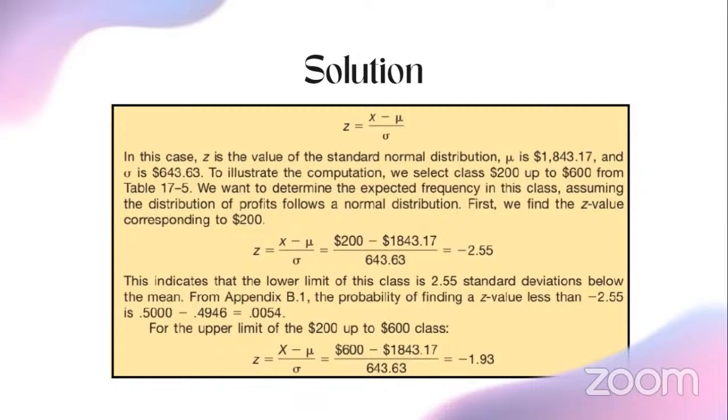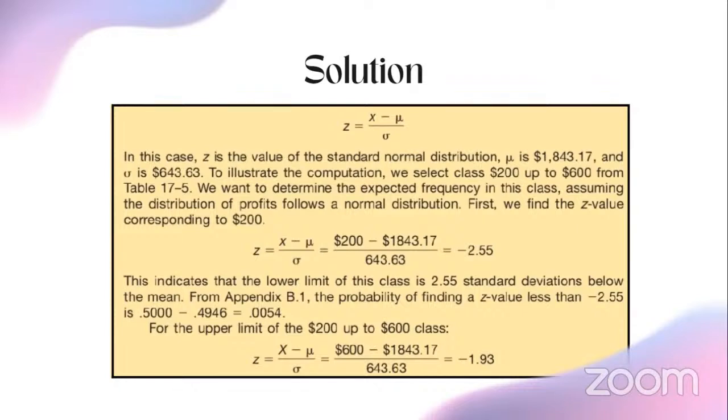First, we find a z value corresponding to $200. This indicates that the lower limit of this class is 2.55 standard deviations below the mean.